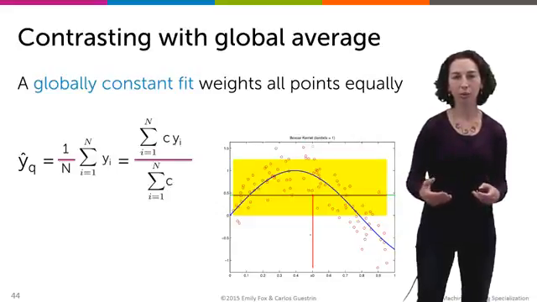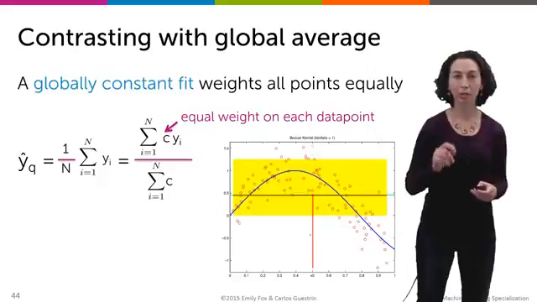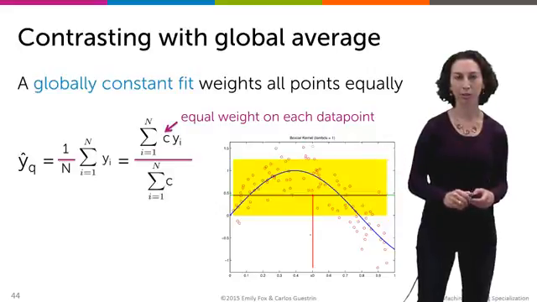That's exactly equivalent to summing over a weighted set of our observations where the weights are exactly the same on each of our data points, and then dividing by the total sum of these weights.